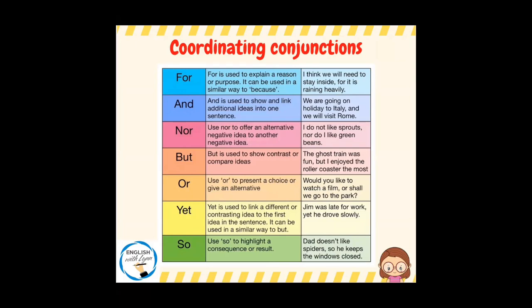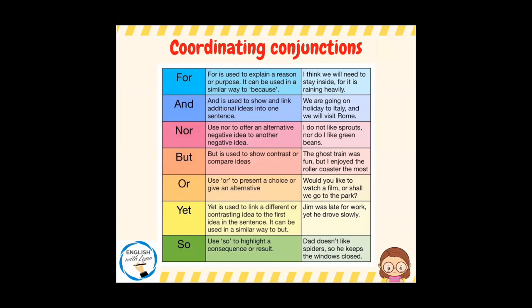And it could be that you're linking words, so something like fish and chips. It might also be that you link phrases, or it can also be used, like in the example on the screen, to link main clauses. So we are going on holiday to Italy. The and is linking another idea about the holiday.